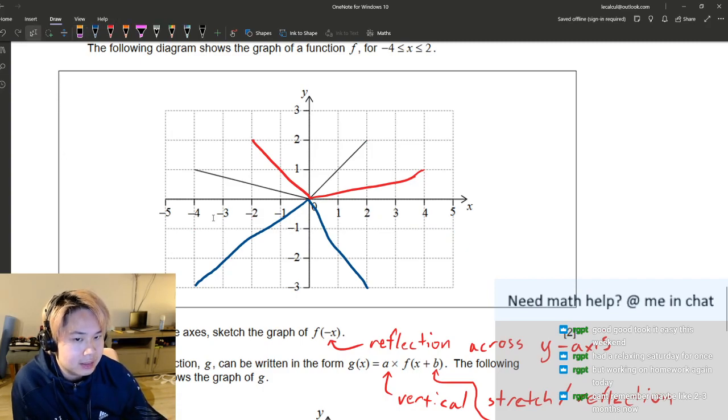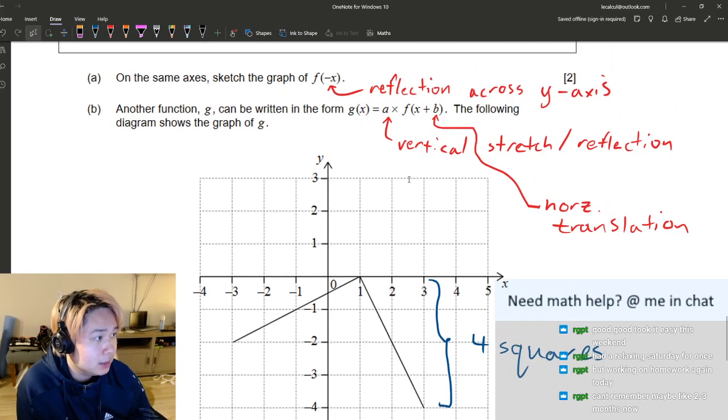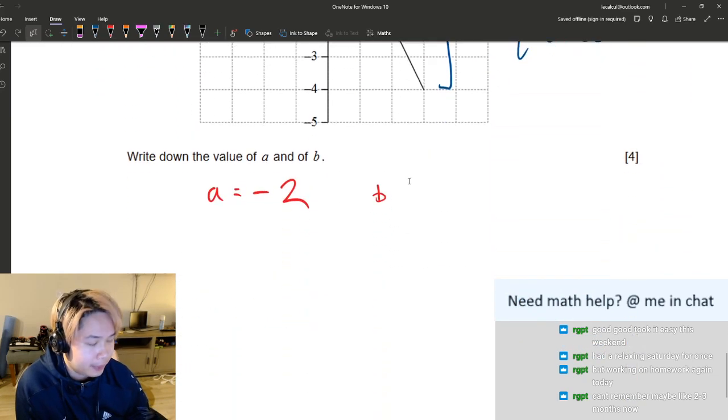Because if you notice, this is from negative 4 to 2, whereas this one is from negative 3 to positive 3. So it has shifted horizontally to the right. So before we decide what b is, this goes to the right 1 unit.